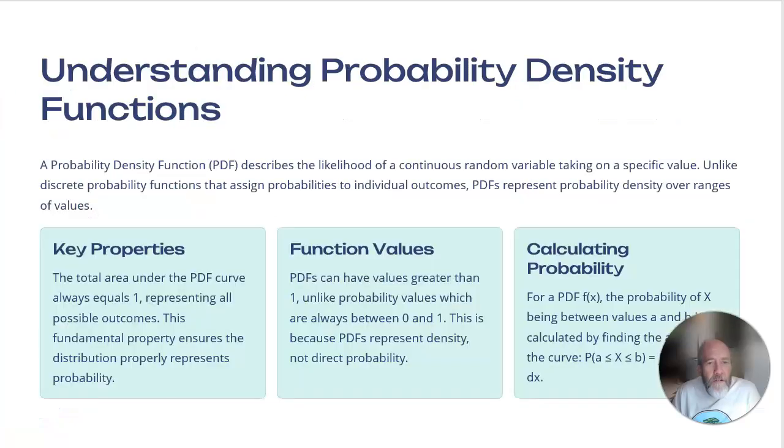So the concept here is that we had a probability mass function before, and now we're talking about a probability distribution function. The probability distribution function is extremely useful in looking at how data fits the different types of distributions. Now, the key property of the probability distribution curve is that the area under the curve always equals 1.